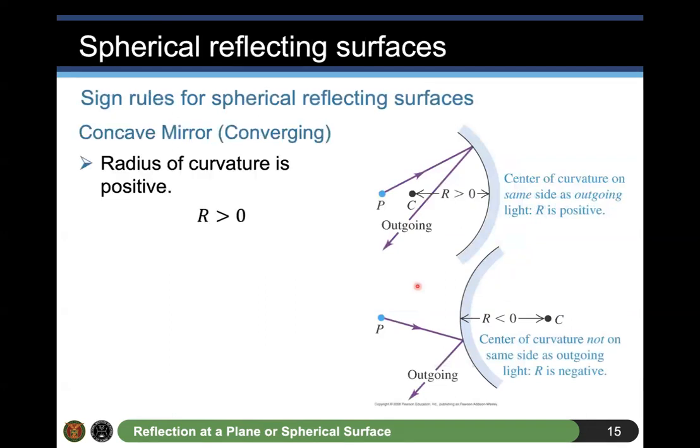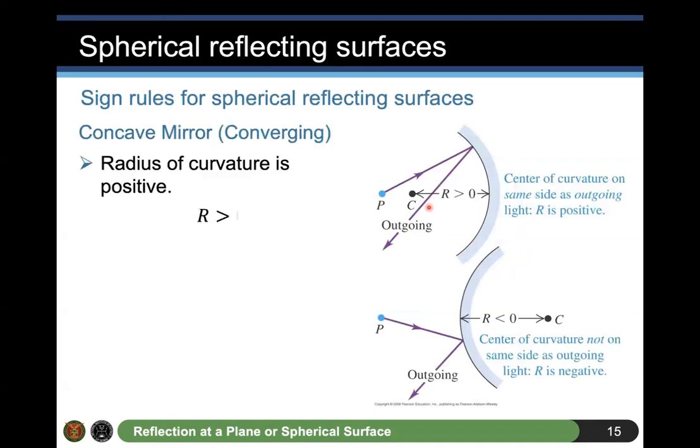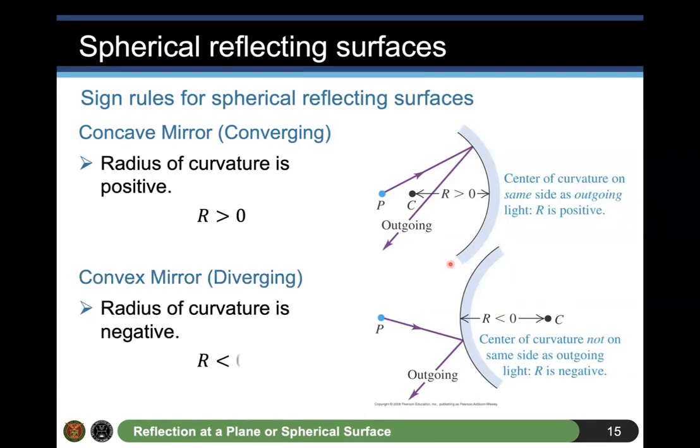So, sign rules for reflecting. Here, the center of curvature, C, is on the same side of the outgoing rays. So, R must be positive. That means, concave yung mirror. Okay? Or converging yung mirror. Ito pala yung concave. Okay. Now, convex naman kapag tumama yung rays dun sa mountain side or sa hillside.